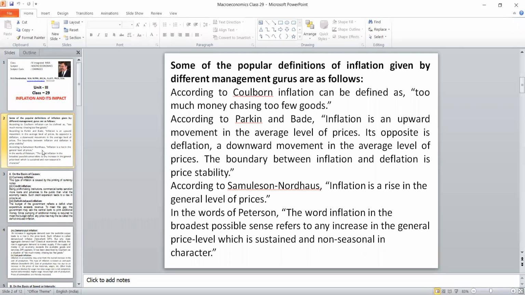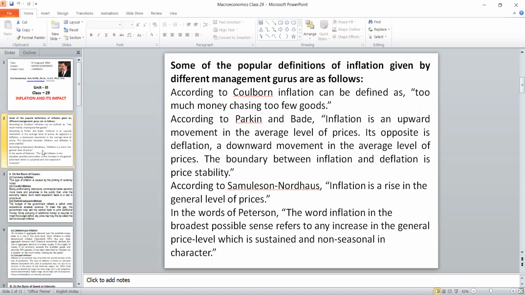Then one more definition by Samuelson: inflation is a rise in the general price level. This definition holds good for all occasions. And the last definition by Peterson: the word inflation in the broadest possible sense refers to any increase in the general price level which is sustained and non-seasonal in character.